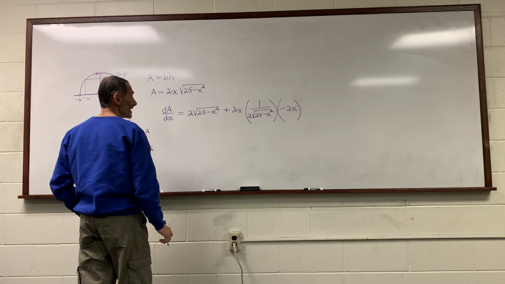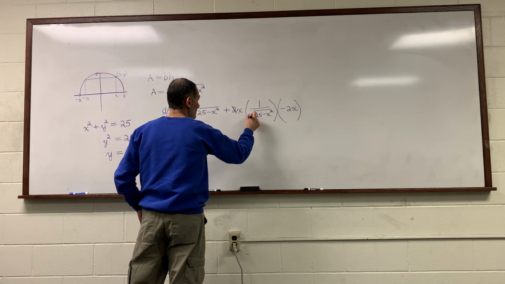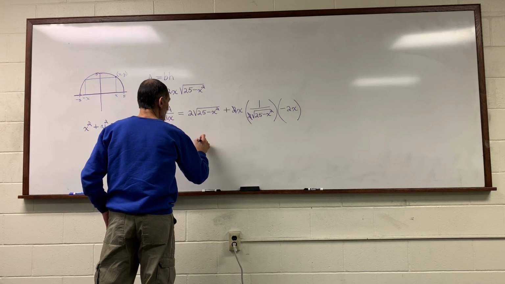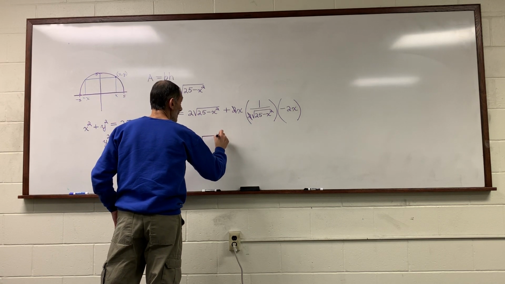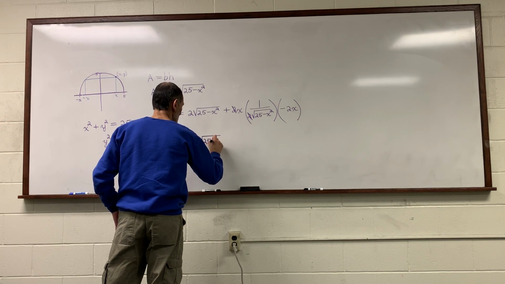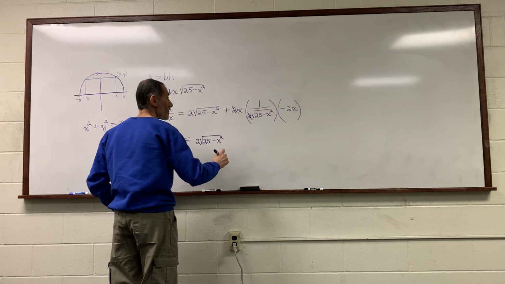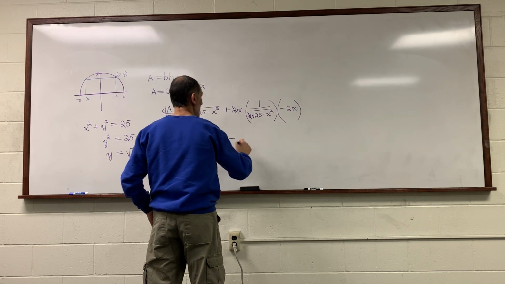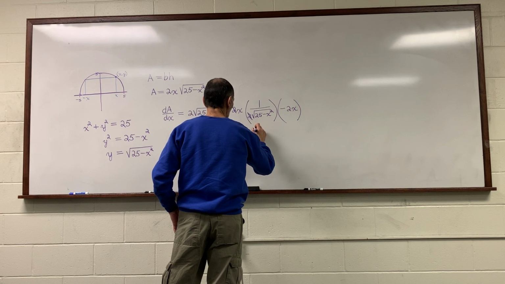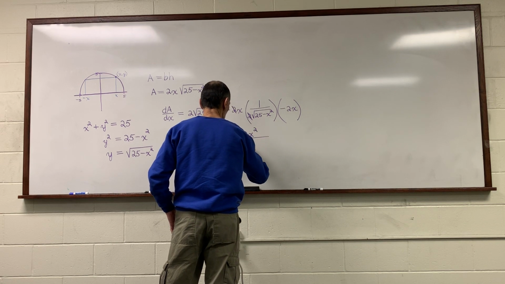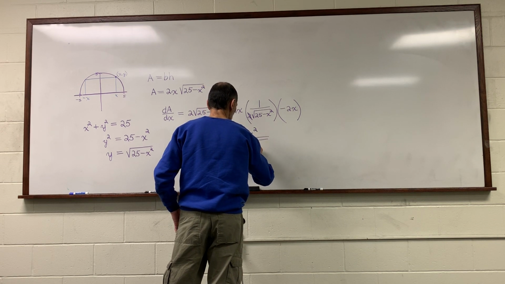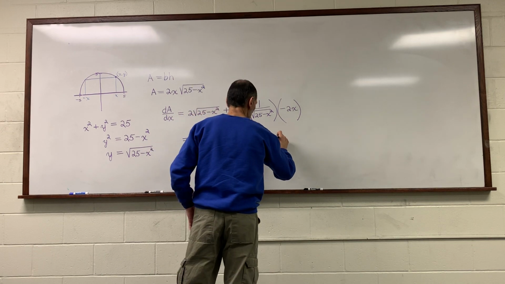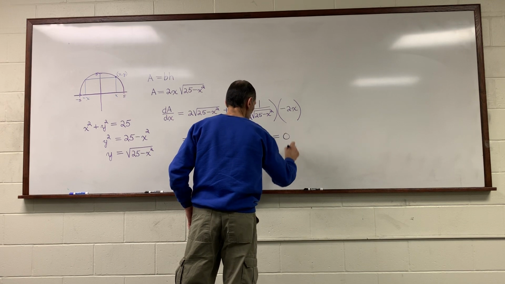Well, let's do some simplification here. We can cancel there. So this equals 2 times the square root of 25 minus x squared minus 2x times x, 2x squared over the square root of 25 minus x squared, equals 0.